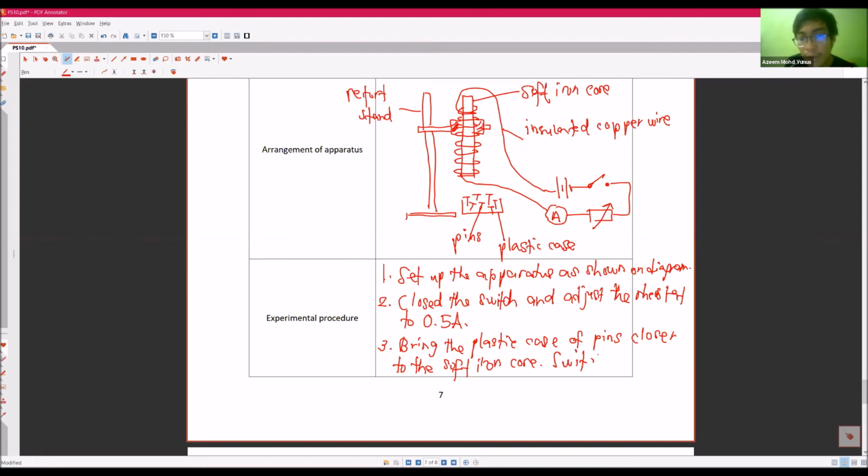Switch off the circuit and count the number of pins attracted to the soft iron core.